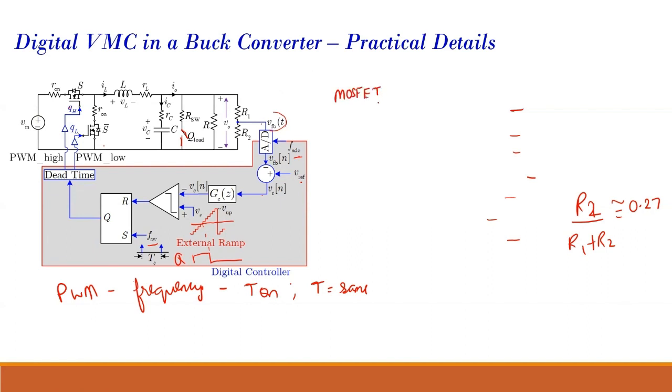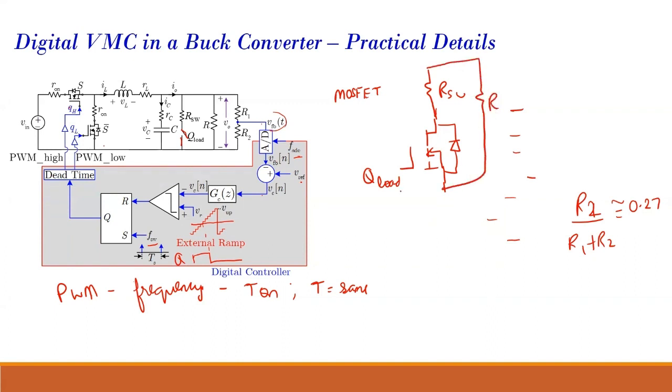To drive this MOSFET, this is your MOSFET, and this is your Q load signal which comes. Here is your RSW, and this is your R. To drive this MOSFET, we require a gate driver.